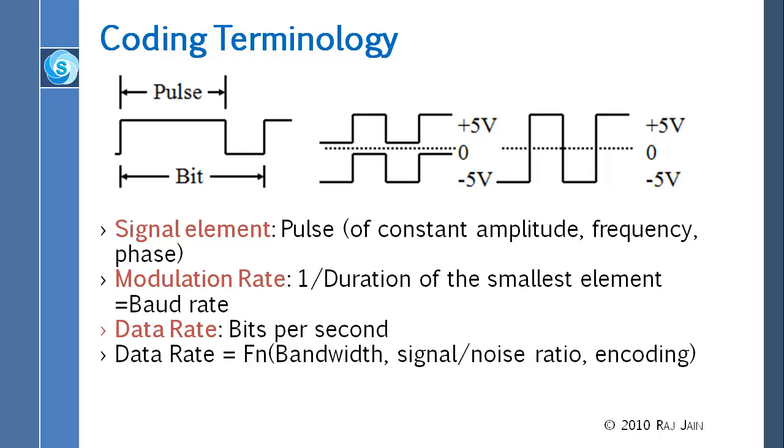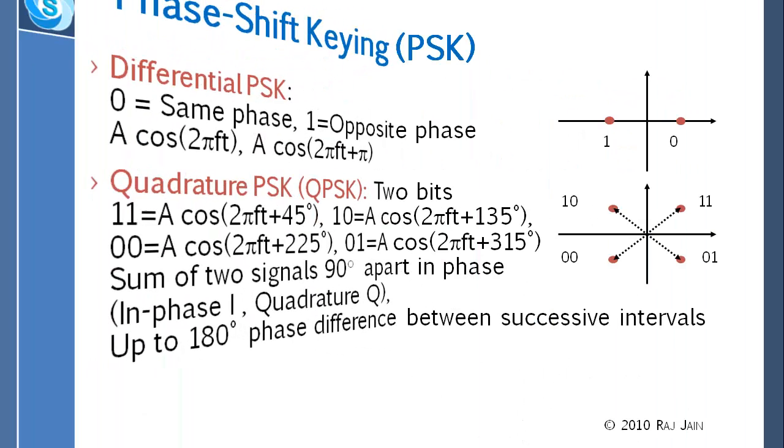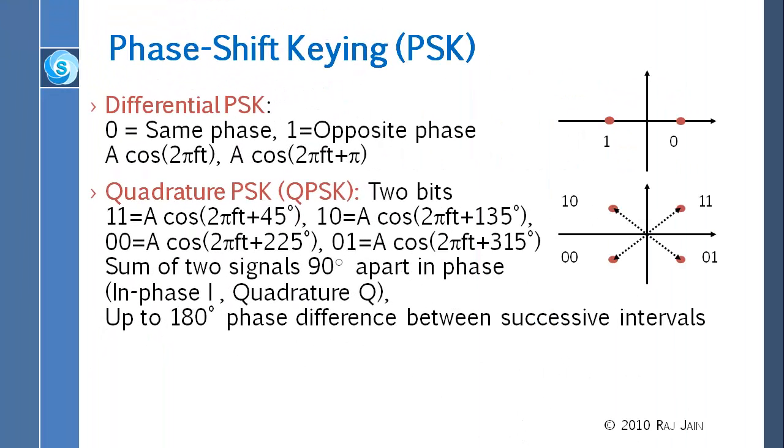Half of a million is 500 kilohertz. Okay? Alright, so now you know the difference between bits, bauds, and hertz. Given any signal, you should be able to calculate what is the bit rate, what is the baud rate, and what is the hertz. Alright, let's see some coding things.